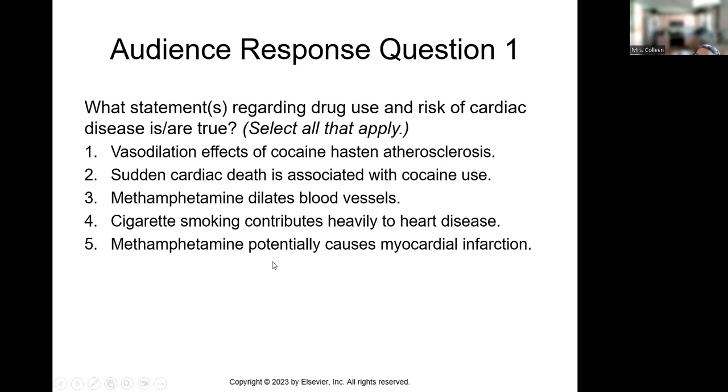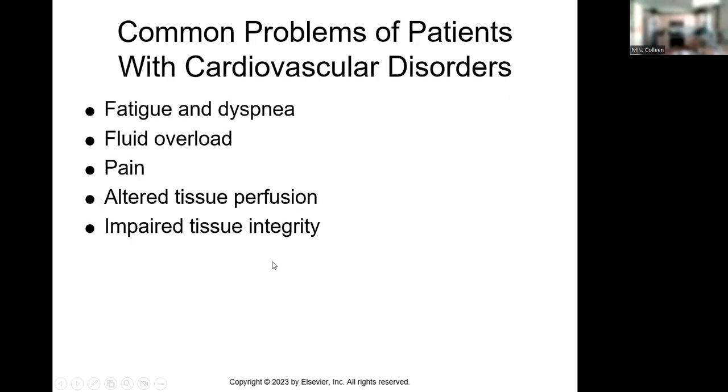Okay, let's take a look now at common problems of patients that have cardiovascular disorders. They can have fatigue, they're tired, dyspnea, difficulty breathing, fluid volume overload. So fluid overload, that's your right-sided heart failure patient, your left-sided heart failure patient. They can have pain, they can have altered tissue perfusion and impaired tissue integrity.